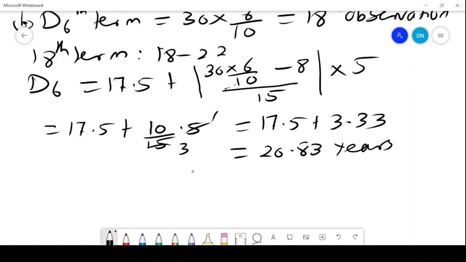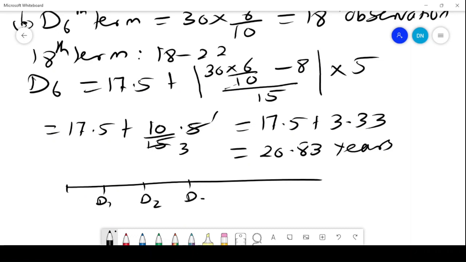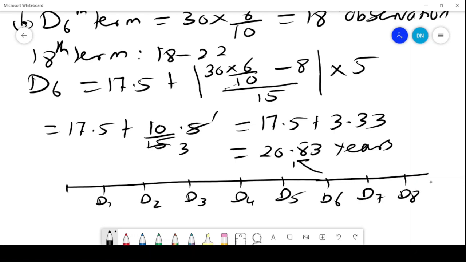That is the sixth decile. D1, D2, D3, D4, D5, D6 is 20.83. Then we have D7, D8, and D9, which is up to there. So that gives us that set of information.